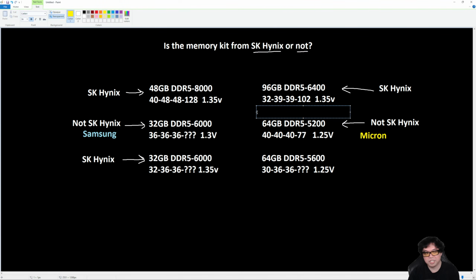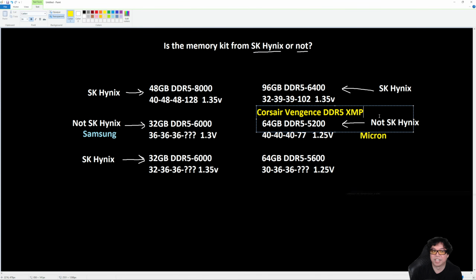This memory kit is a Corsair Vengeance DDR5 XMP kit. DDR5 5200 via XMP profile.